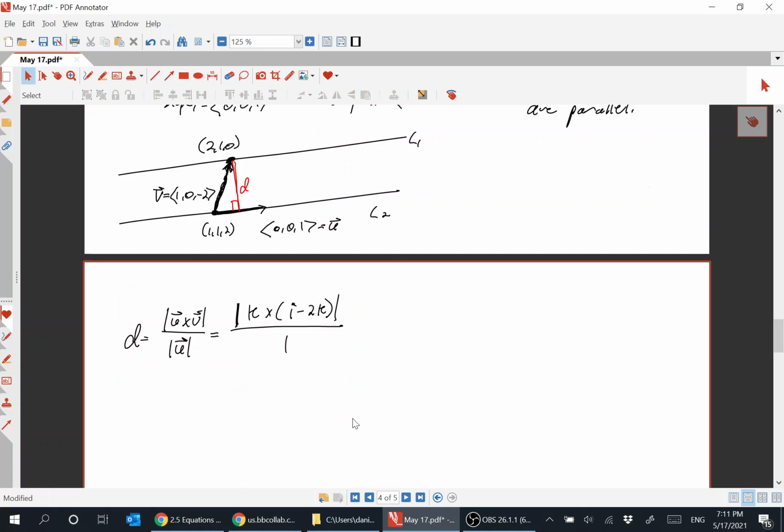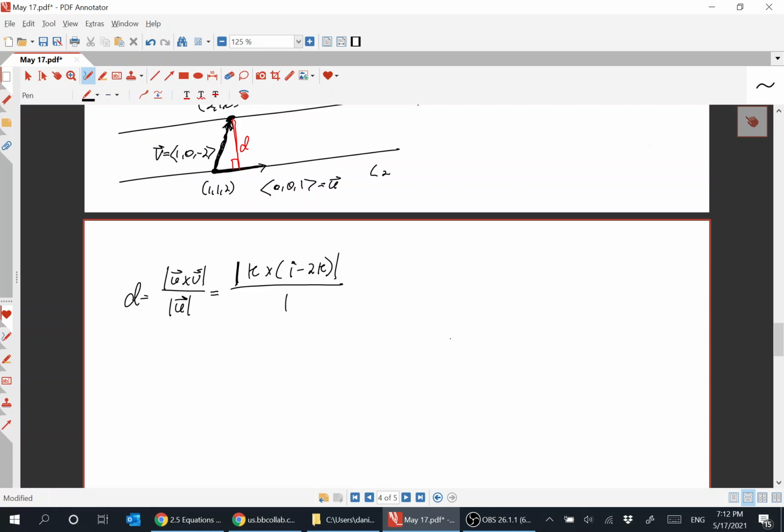Okay, so remember how cross products work just on i, j, and k, right? There's this triangle: i, clockwise, j, or the other way if you want, clockwise, k, clockwise, i. Right, and i cross j is k. J cross k is i.